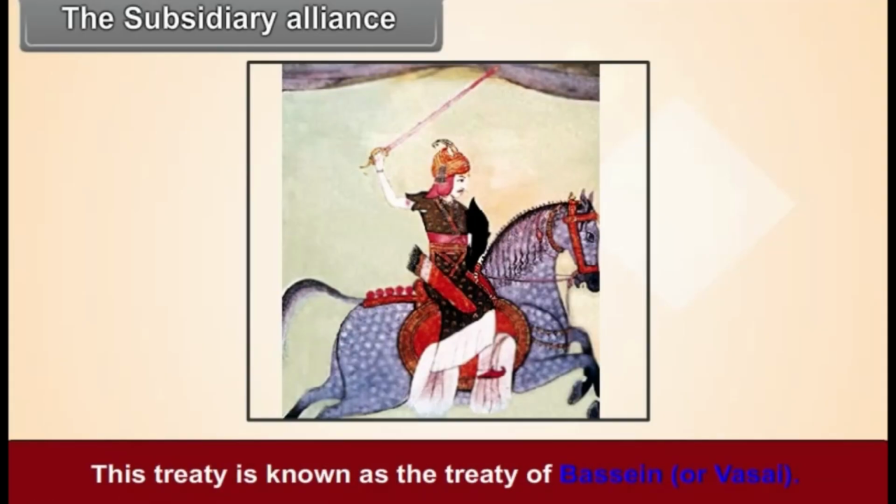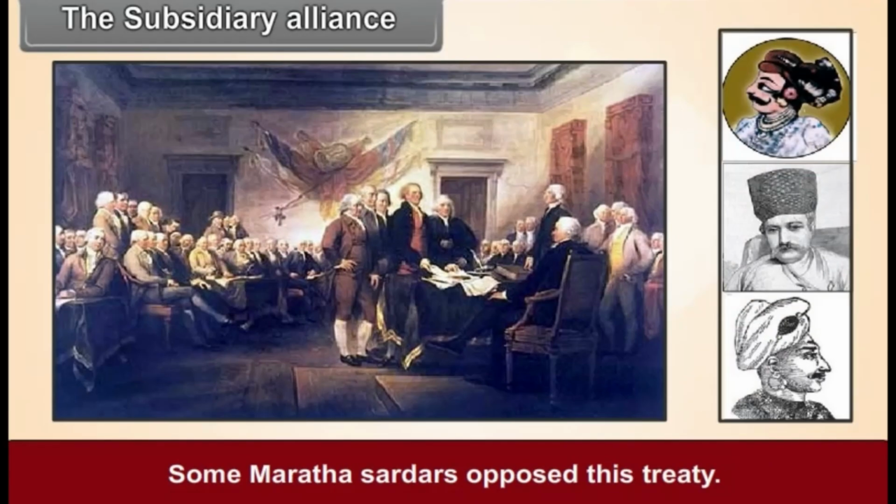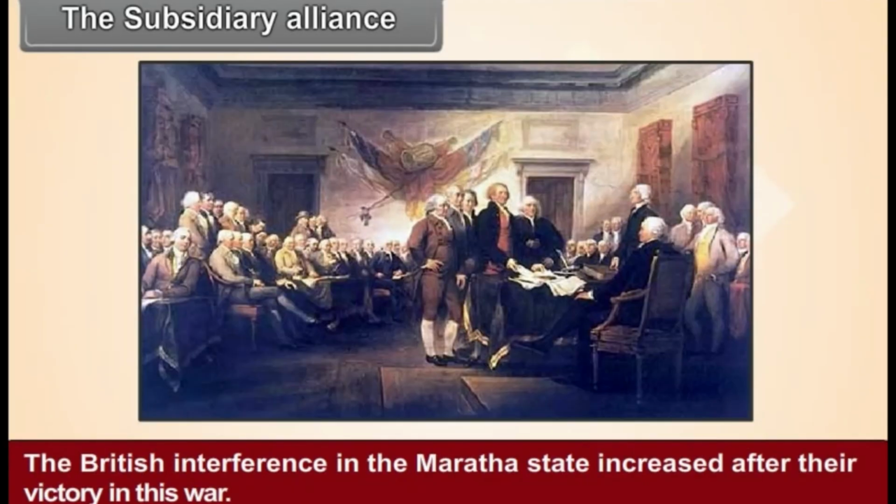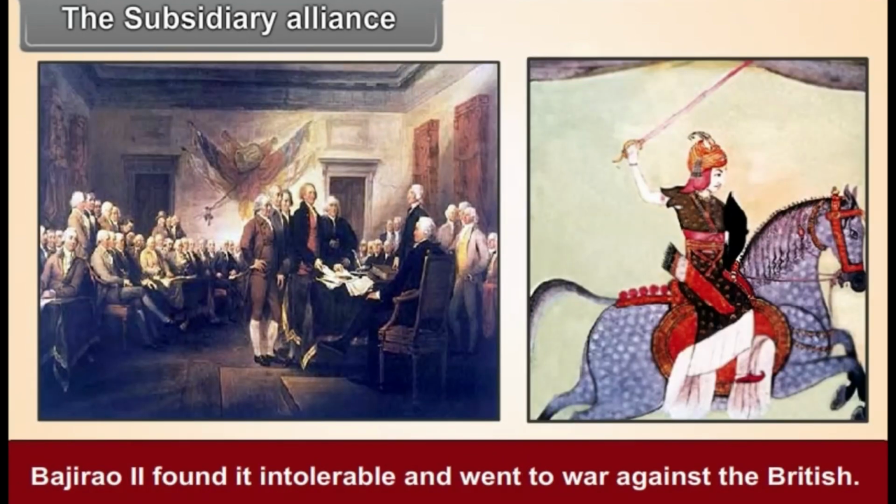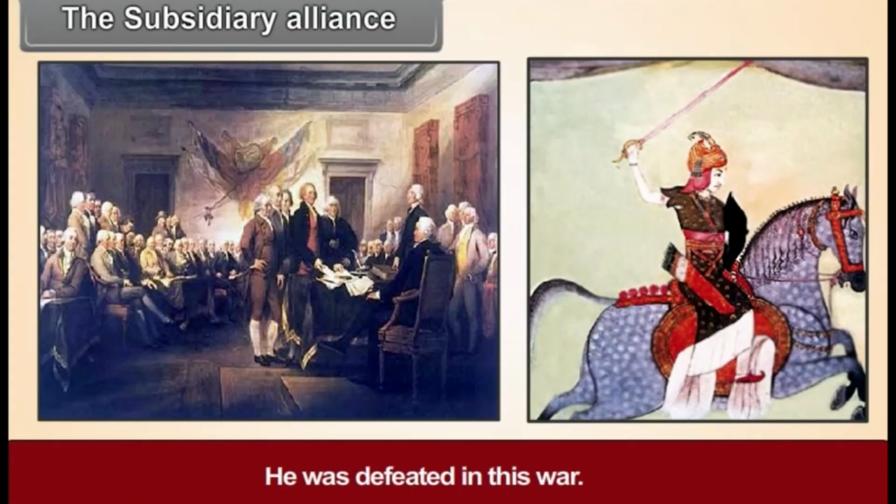This treaty is known as the Treaty of Bassein or Vasai. Some Maratha Sardars opposed this treaty. This led to the Second Anglo-Maratha War. The British interference in the Maratha state increased after their victory in this war. Bajirao II found it intolerable and went to war against the British. He was defeated in this war. He surrendered to the British in 1818.